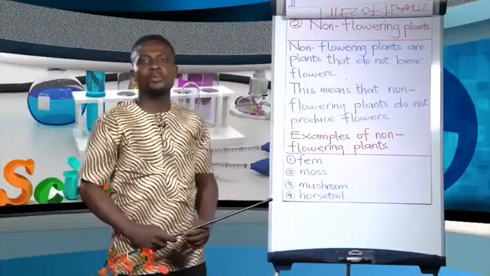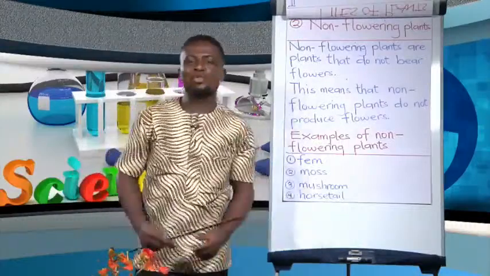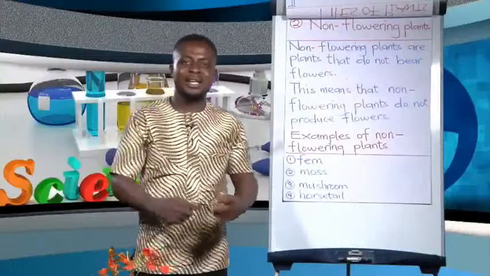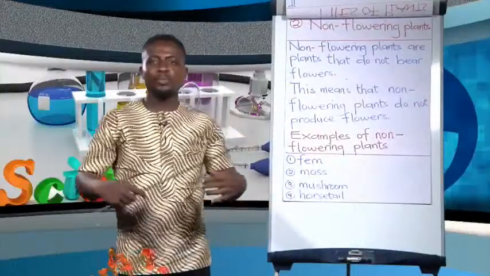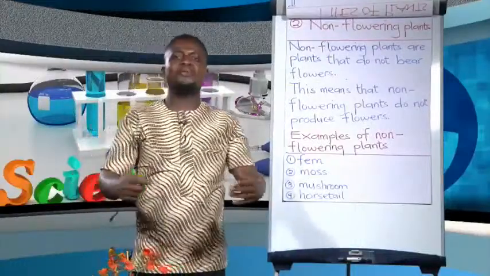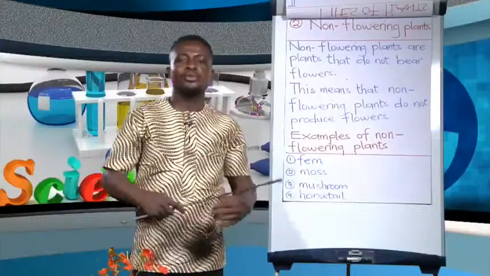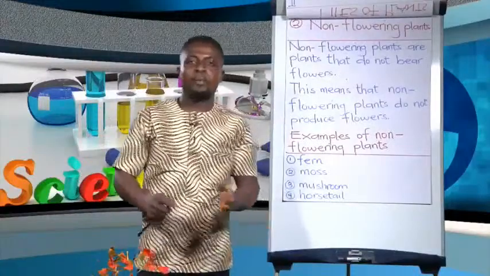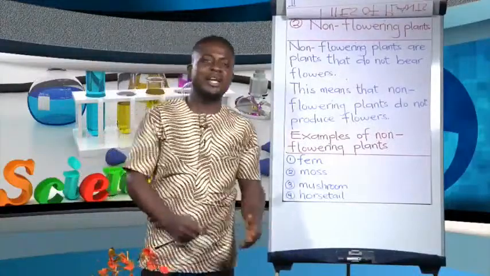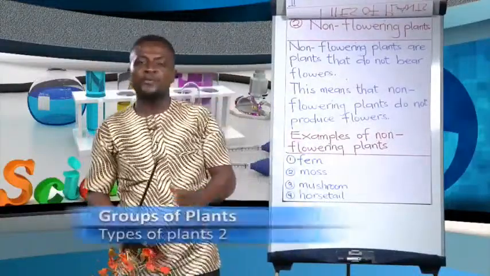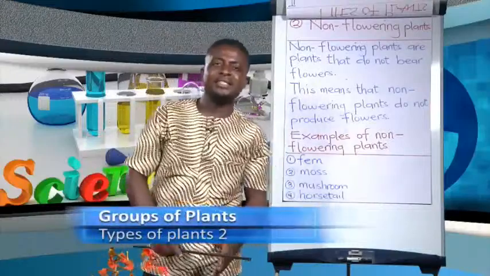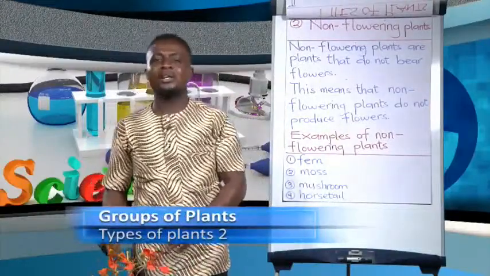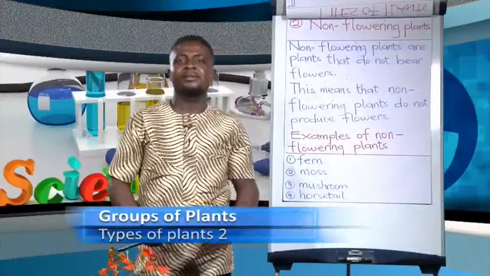Good. I hope you have understood today's lesson. Today, what have you learned? We learned about types of plants. And we said the types we have: flowering plants and non-flowering plants.